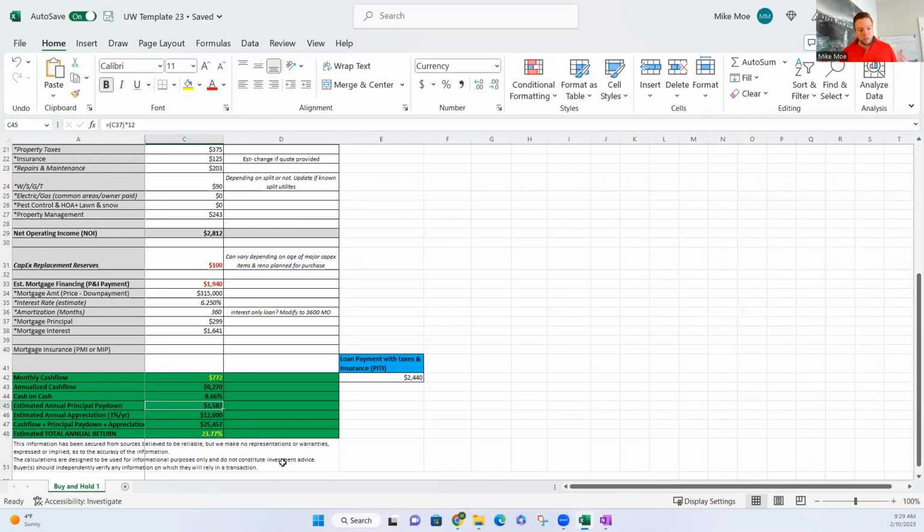So if you take all those numbers and combine them, your cash flow, your principal pay down, and your appreciation, it spits out a total return down here. 23.77% on this property, total return if you're including your cash flow, principal pay down, and appreciation. The only thing this really doesn't account for is tax benefits.